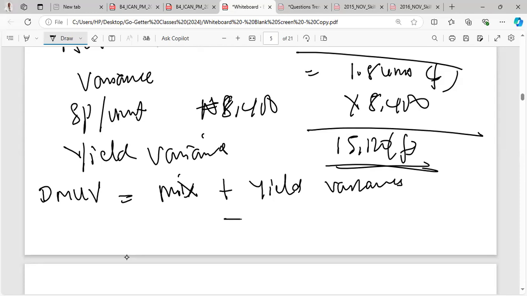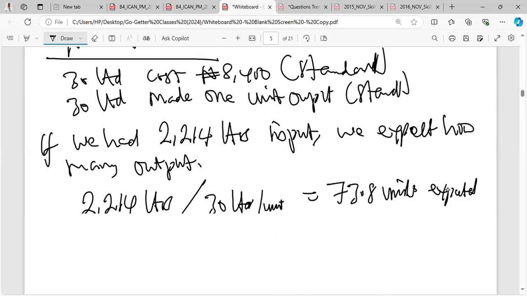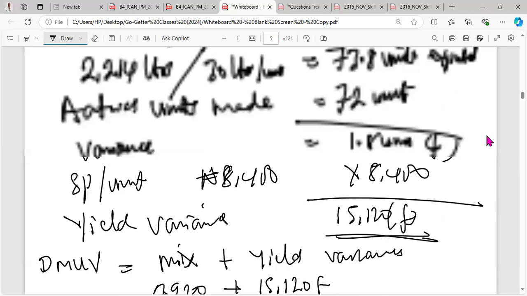Your yield variance is 15,120 favorable. Your mix was how many? 4,920 favorable.